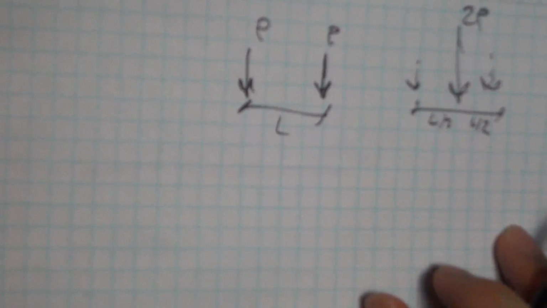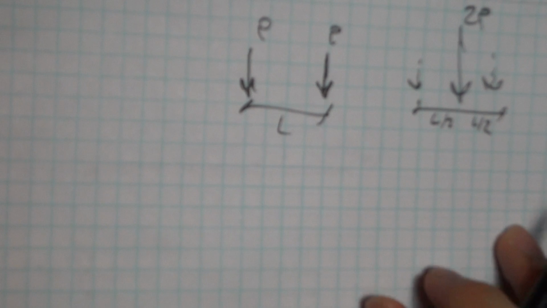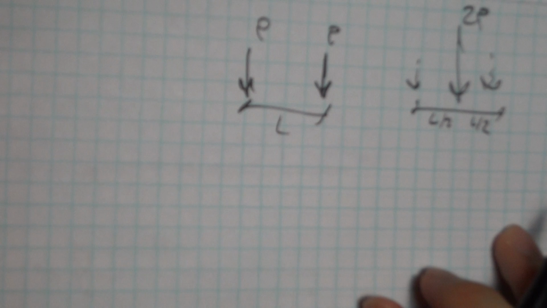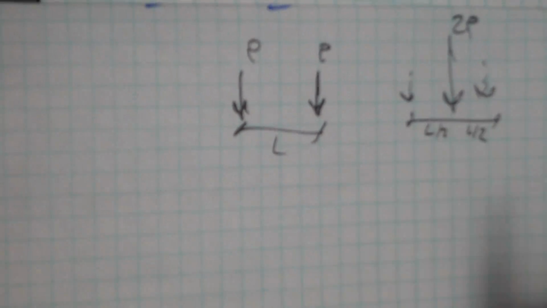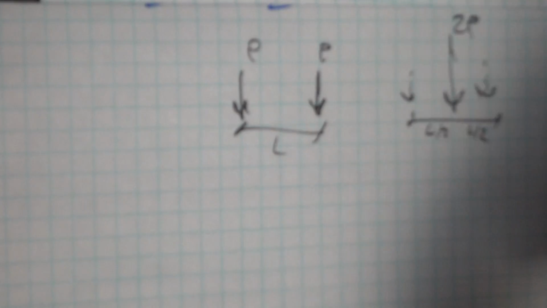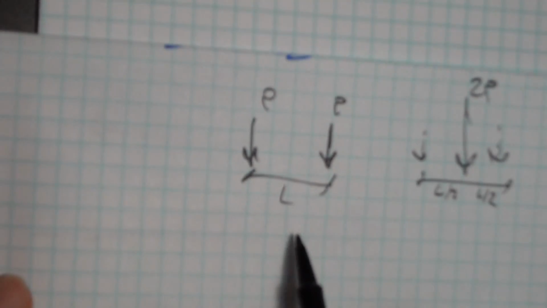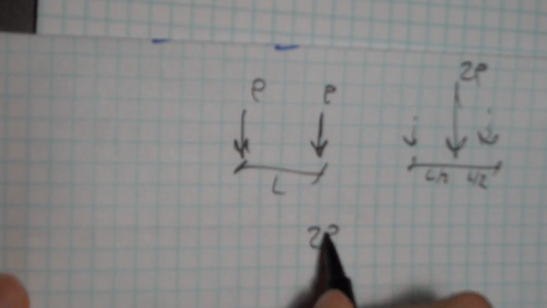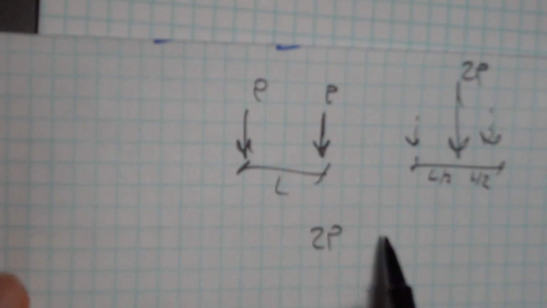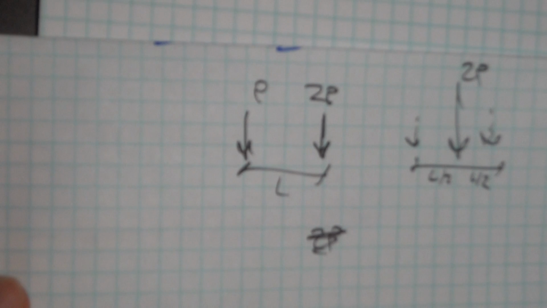What was I gonna say for this? Right, you can move this around on your diagram, but usually what will happen is that the wheel loads aren't exactly the same size. Usually the loads you're concerned about are like 2P here.